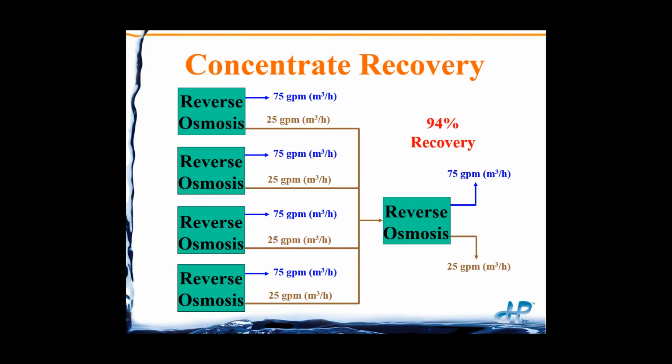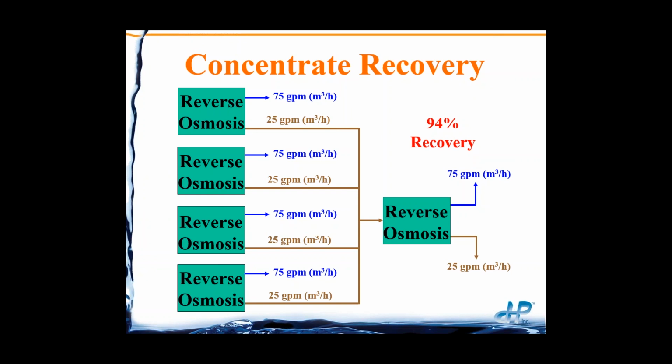So it's becoming common, and you'll see it quite often, that they'll cost justify putting a secondary, usually called a concentrate recovery or just a recovery RO unit, and it may still be just a kind of an off-the-shelf 75% recovery system. But if you're able to do that without scaling the RO unit, then now you've gone to 94% recovery.